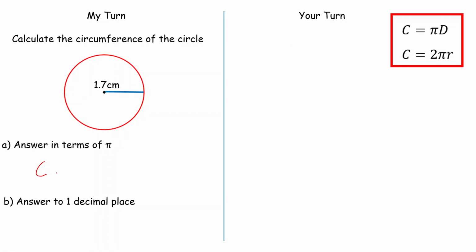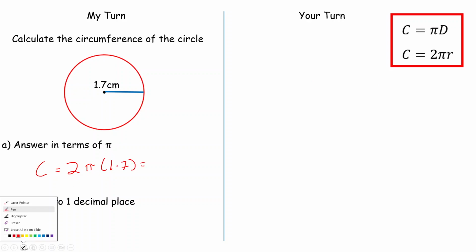We know that the circumference is equal to, this time I'm going to use this one because I've been given the radius, which I can see is 1.7. So it's going to be 2 times pi times the radius. I'm going to substitute in r to be 1.7. To make it really clear, I'll do it in blue below so we don't get confused. It means you're doing 2 times pi times 1.7.